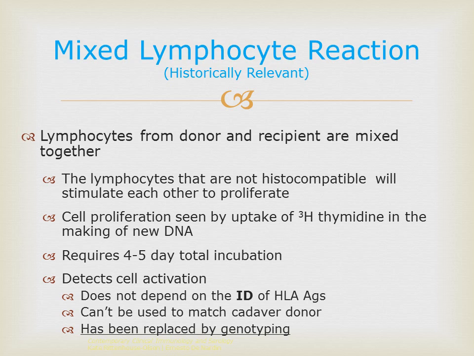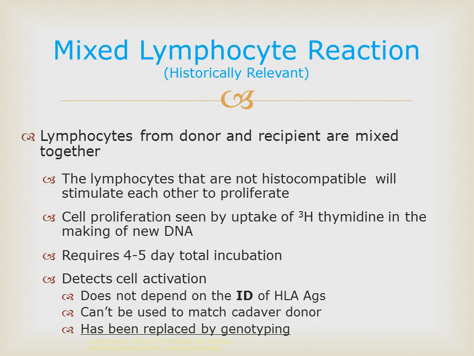The thymidine would be taken up by the proliferating cells in the making of new DNA. So we could monitor the thymidine uptake, and the more thymidine that's being used, that relates directly to the amount of new DNA that's being produced, which then correlates with the amount of proliferation.